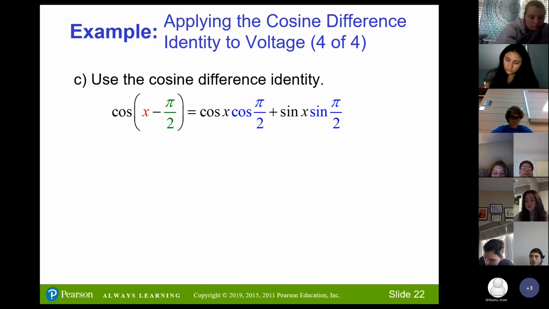Cosine of x minus pi over 2. Well, of course, that's 90 degrees. You can put 90 degrees if you want to, because you'd be able to do it a whole lot faster if you think of it as 90 degrees.